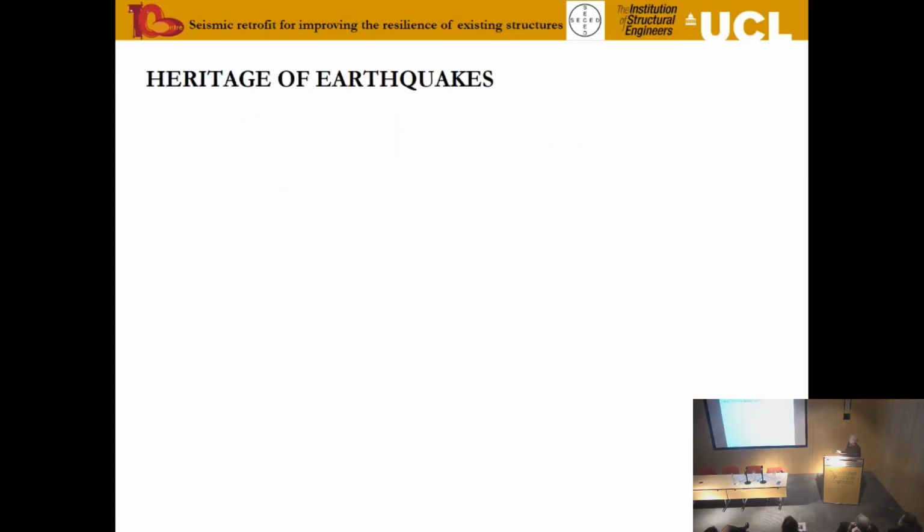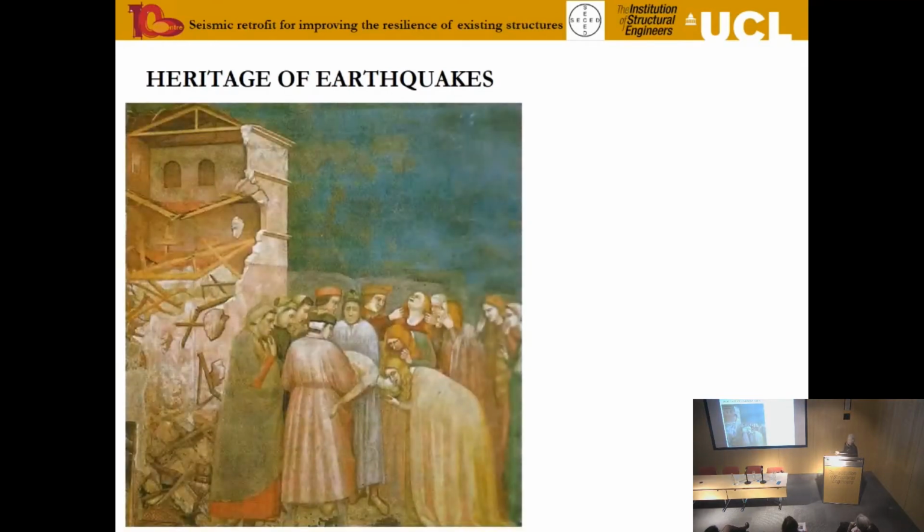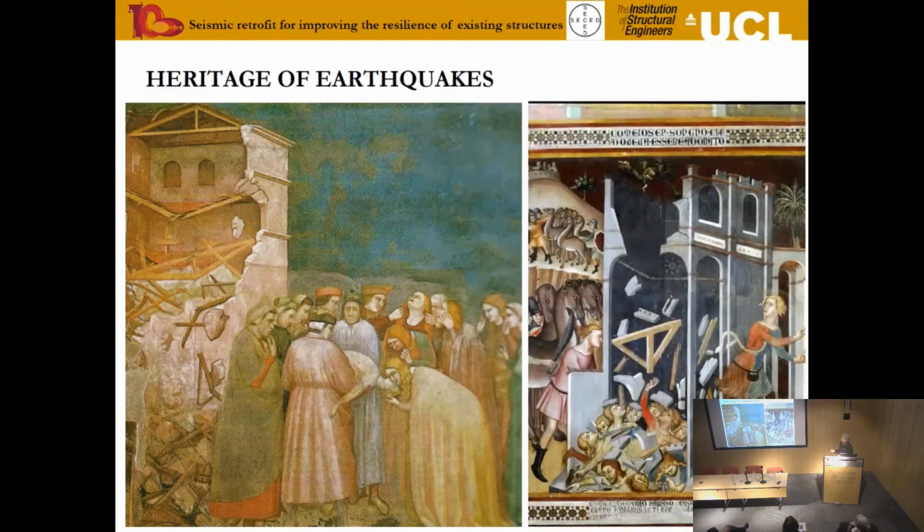These are, again, pictures from central Italy, and again, you can see a very similar problem. Nonetheless, more than 1,000 years have passed. We still live there, more or less in the same buildings.